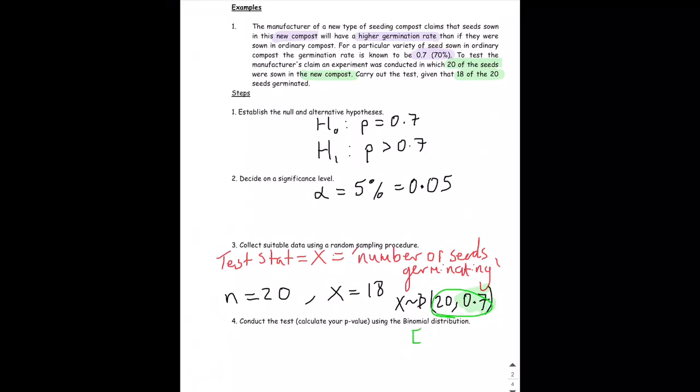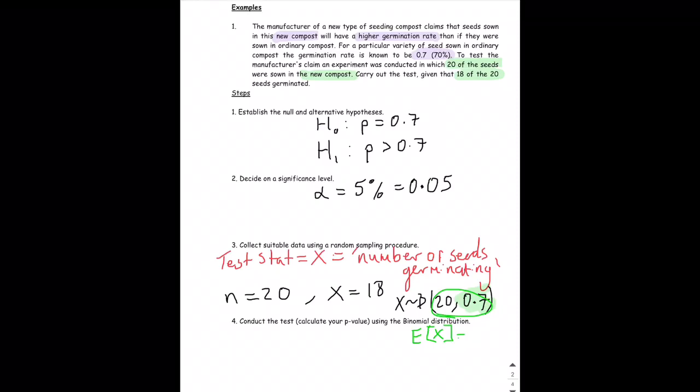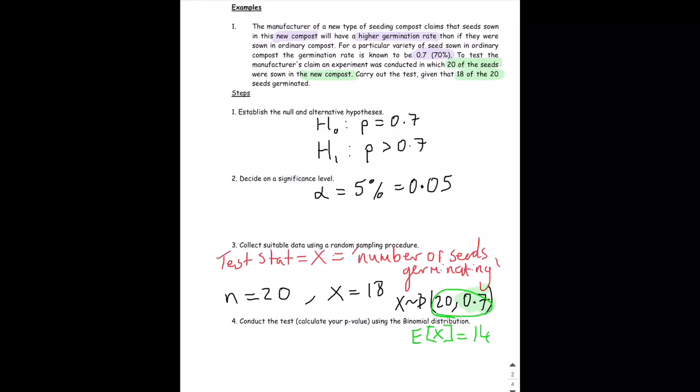Well, my expected value of X would be 70%, so 14 of those 20 I would expect to germinate, which is pretty handy because 18 germinated. That is more than I would expect. But is it a lot more than I would expect? I don't know yet.